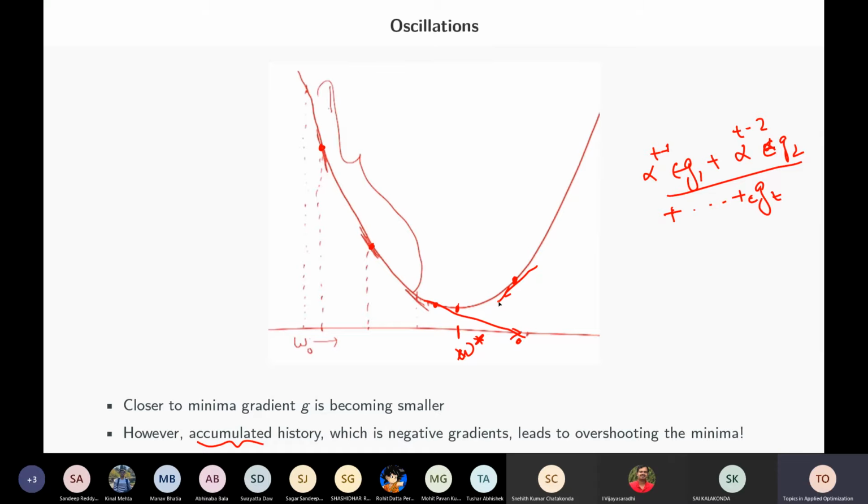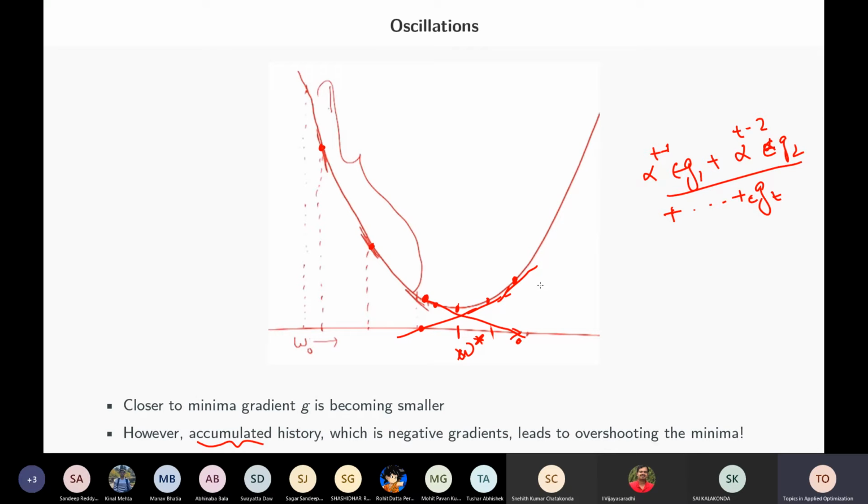If I took some step size, then I will reach somewhere here, and then I computed the gradient again. And if I took the step size a lot more, then I arrived here. Again, I overshot the minima, and then I came here. So this thing may keep happening. Now, that's dependent on the step size.